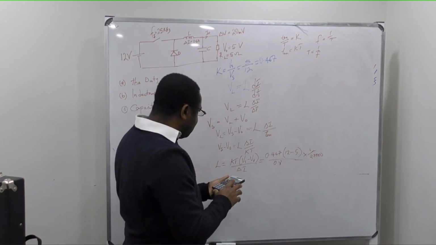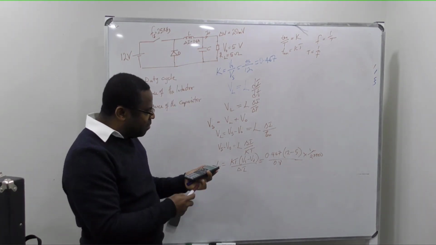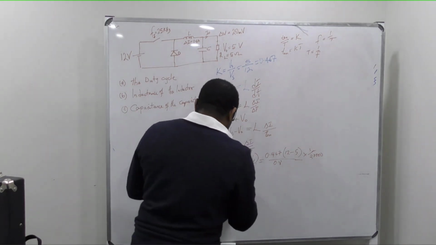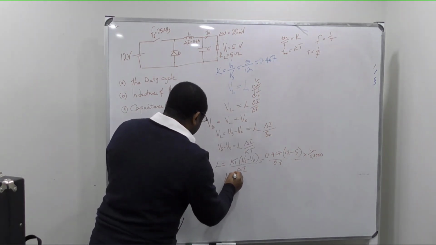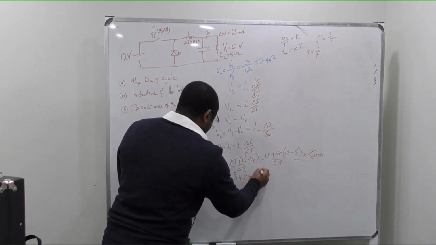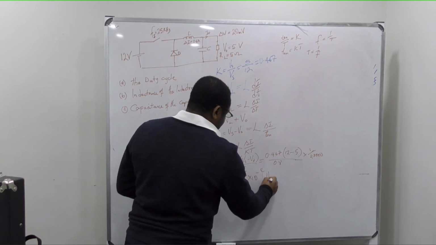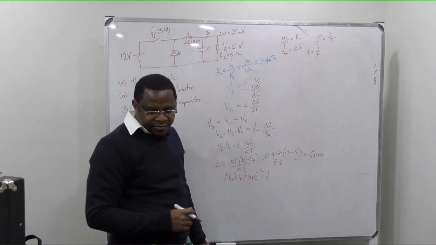So I have 1.6345 times 10 to the power minus 4, in Henry.